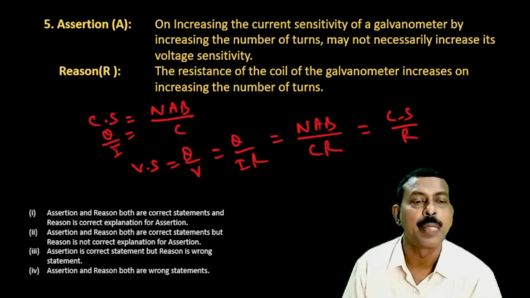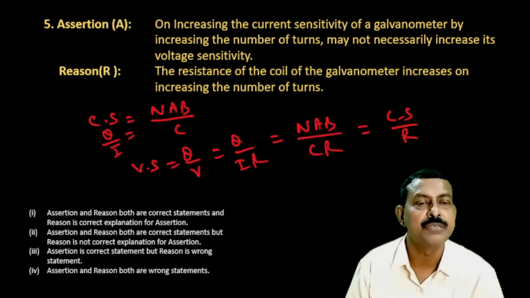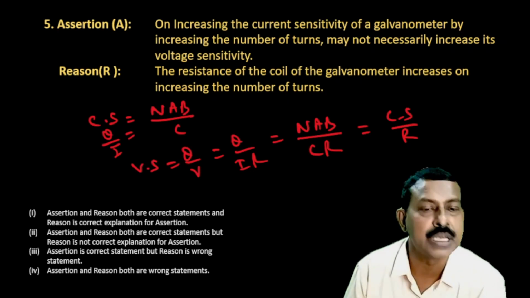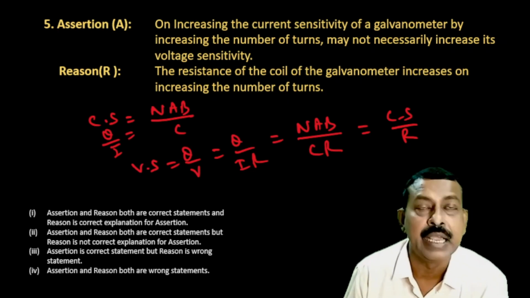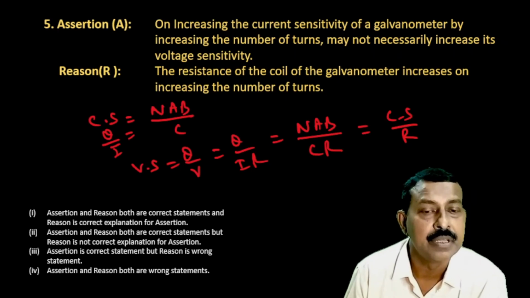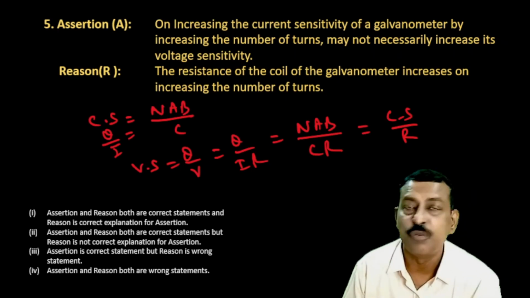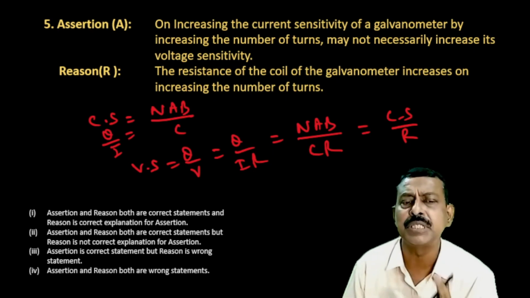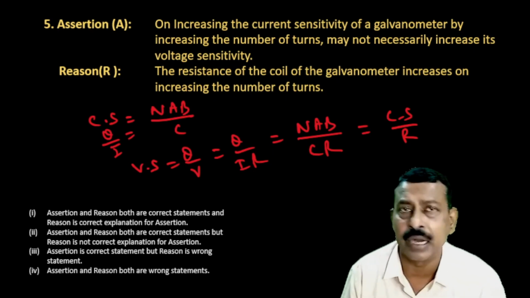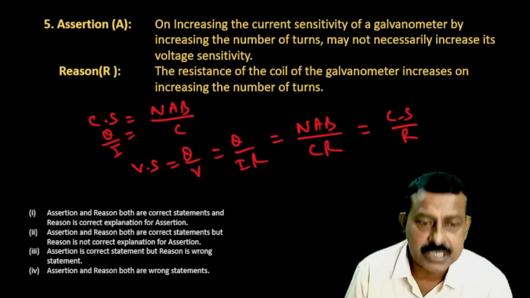Now here, statement wise, if you see the different terms which are there in current sensitivity, NAB is there, C is there. In voltage sensitivity, one additional term is there in the denominator, that is your R. That is the resistance of the coil.